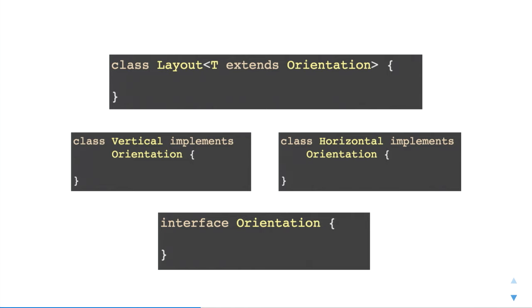It has to be of type orientation. So this is setting up a bound on our type. We could just give it the type, but then we could pass anything to that. We could say this is a type of string, and it might make sense. So we want to bound this by orientation. This is an upper bound of this type.